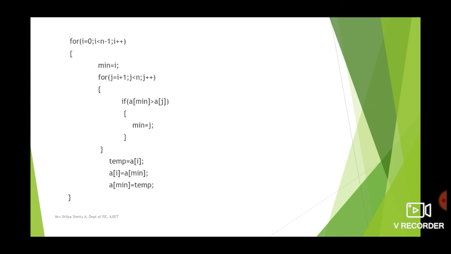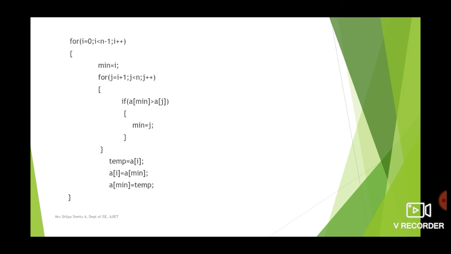Okay. So now what we do here is, if a of minimum is greater than a of j, that means if the element at the 0th index is greater than the element at the first index, let us consider minimum as j. That means whichever element is smaller should be considered as the minimum element.